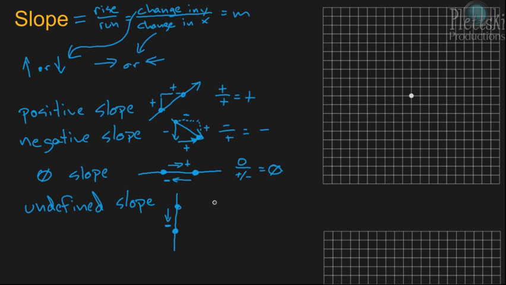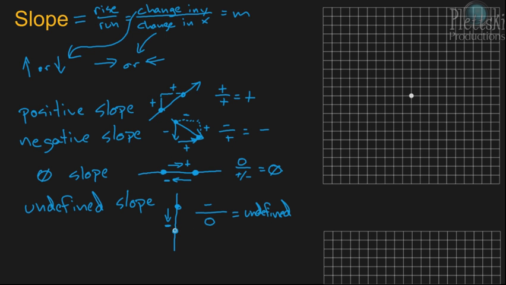Your change in x, though, doesn't move side to side, so your change in x is going to be 0. And when you divide anything, whether it be positive or negative, by 0, you can't do it. It's going to be undefined. So a vertical line is going to be an undefined slope.